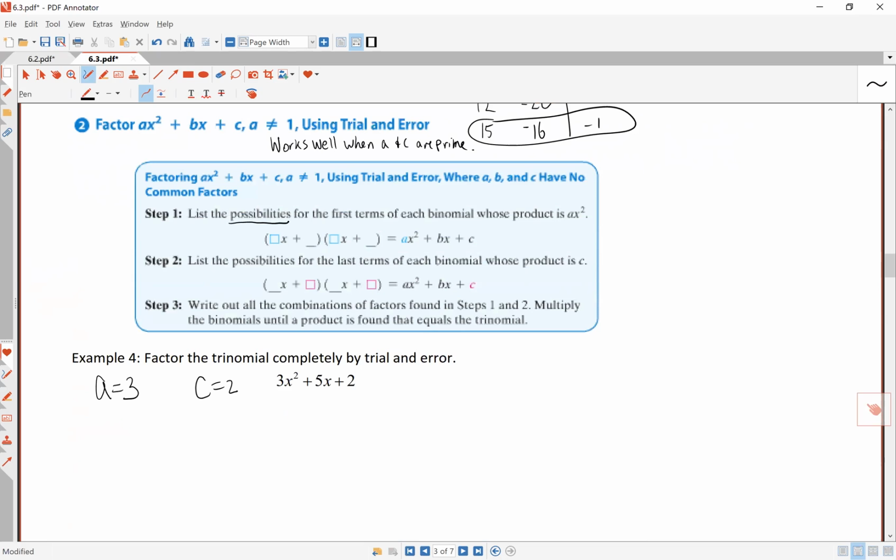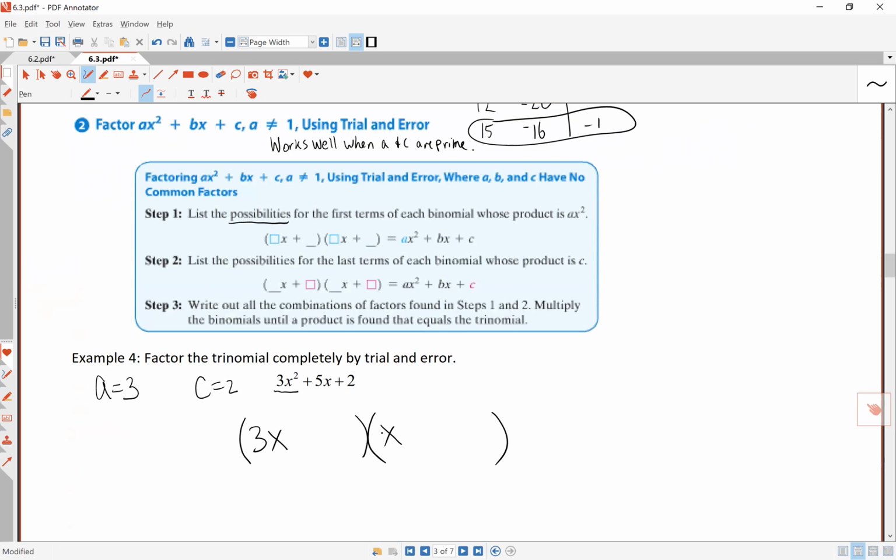So step 1 says, list the possibilities for the first terms of each binomial whose product is ax squared. Because it's a 3x squared, we are left with one possibility, 3x and x.